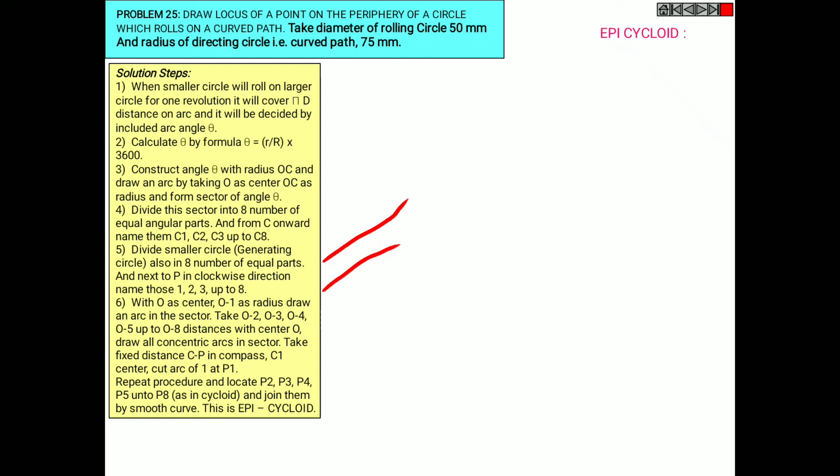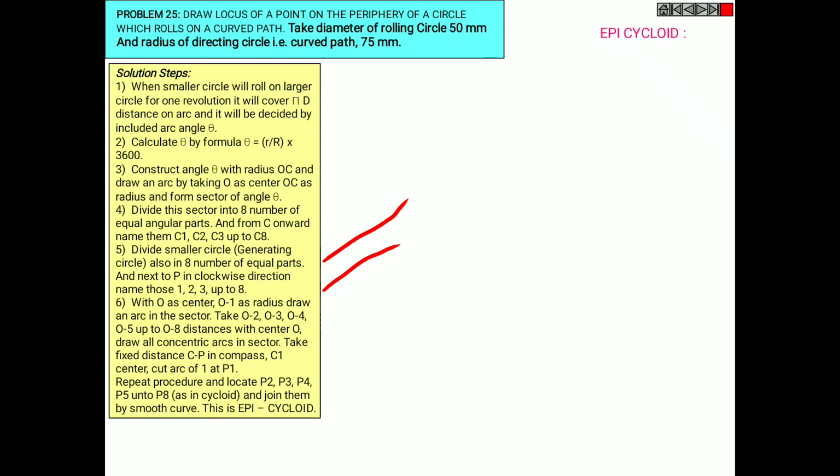Now with O as center, O2 as radius, draw an arc in the sector. Take O22, O23 and so on up to O28 distance with center O. Draw all concentric circle arcs in the sector.